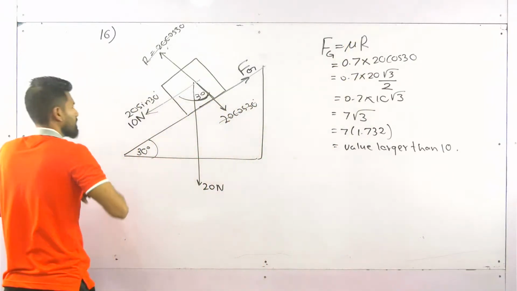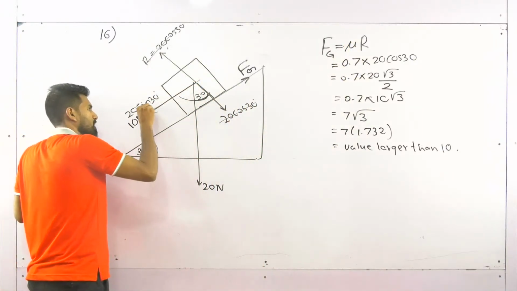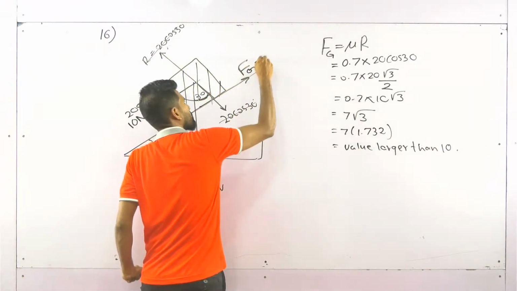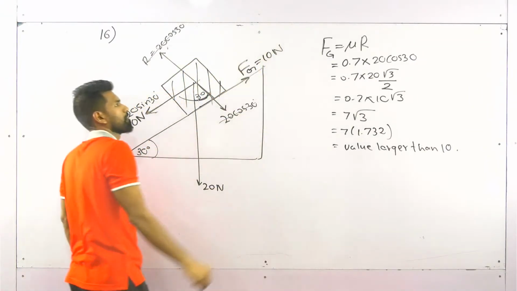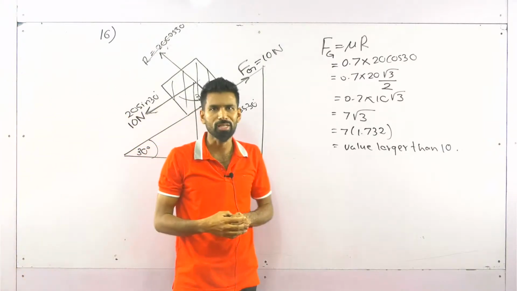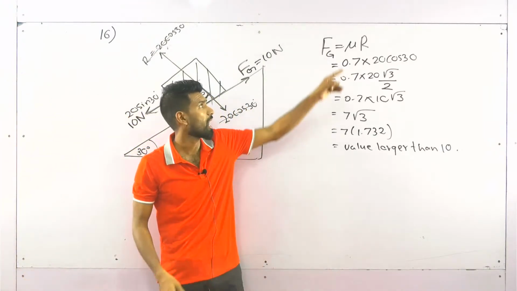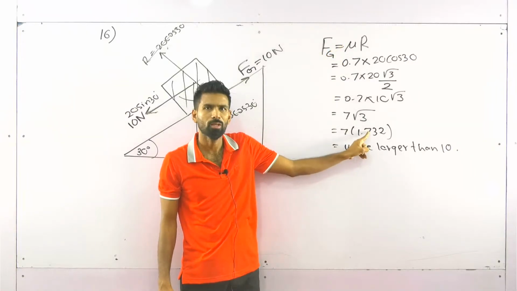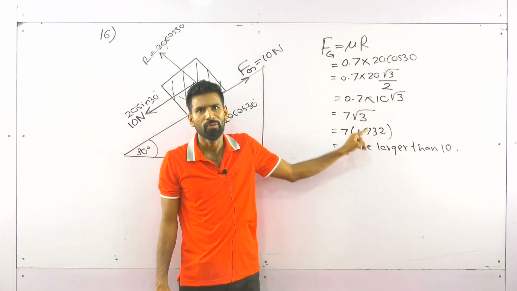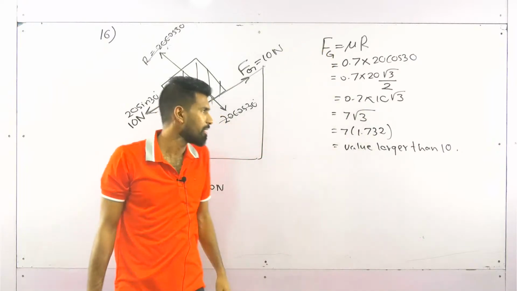So here the gravitational pull is 10. The object is not in motion. Friction is also 10. Friction can increase up to its highest value, keeping its value equal and opposite to the applied force. We haven't reached that limit yet.